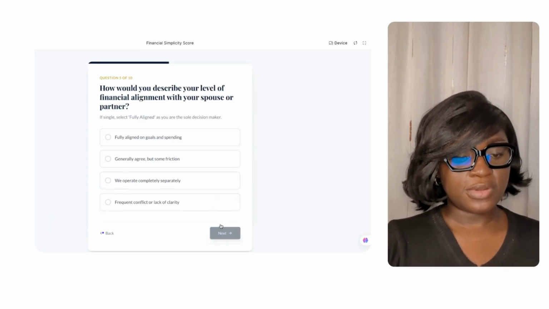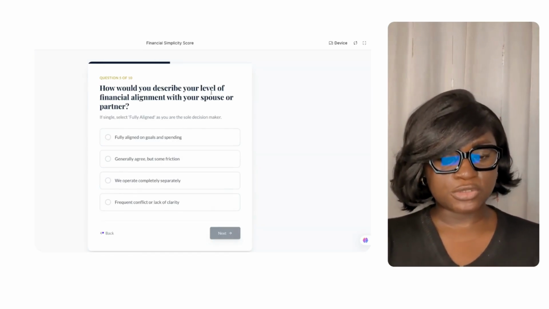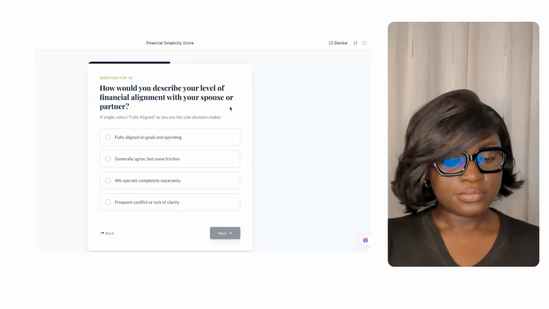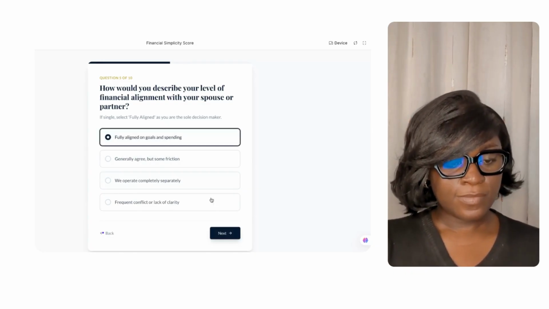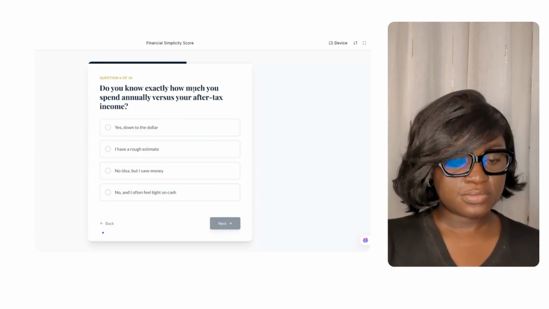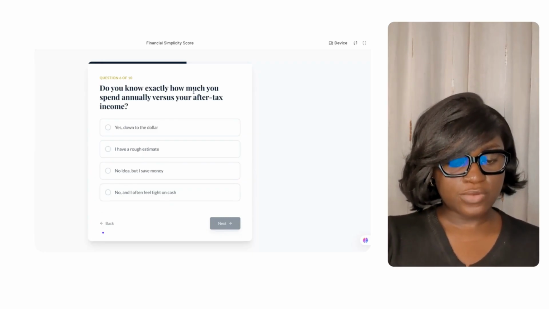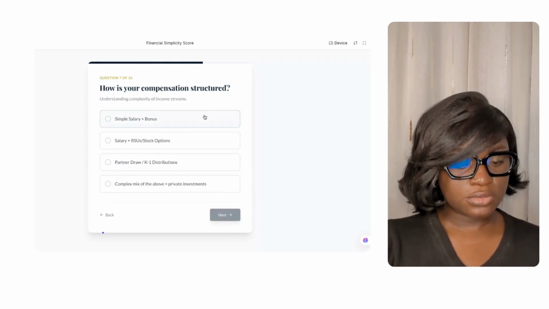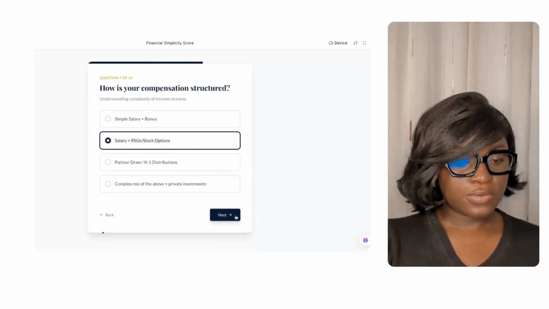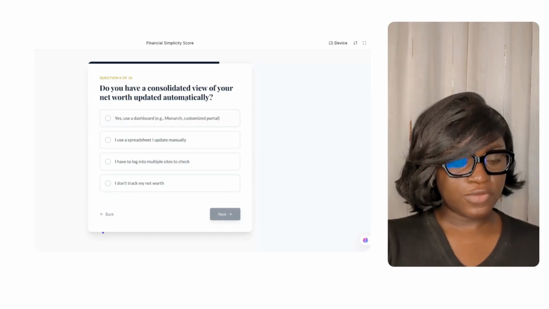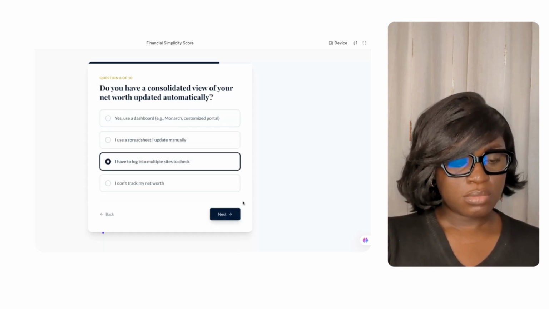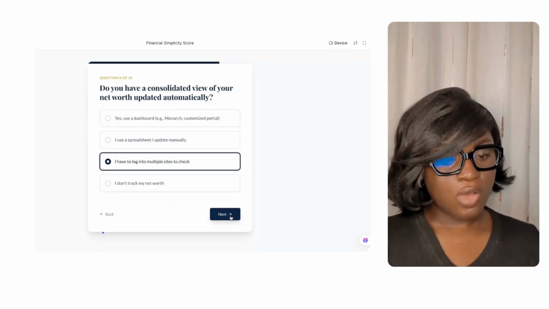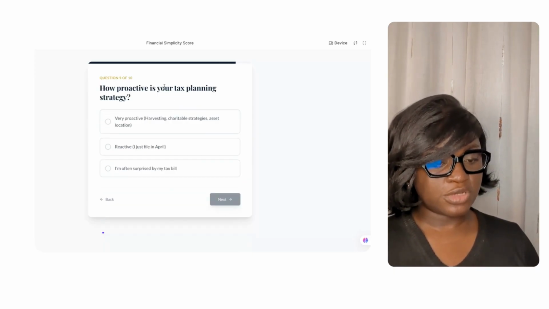How would you describe your level of financial alignment with your spouse or partner? Do you know exactly how much you spend annually? I have a rough estimate. How is your compensation structured? Do you have a consolidated view of your net worth updated automatically? How proactive is your tax planning strategy?